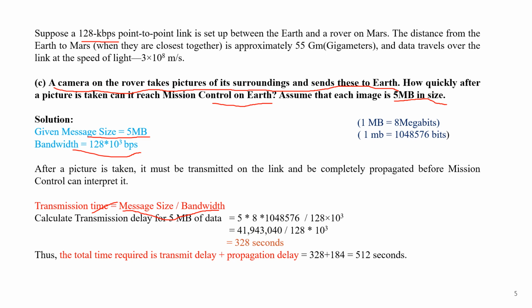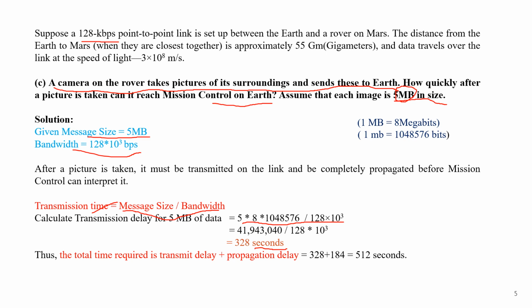So what is the message size? The message size is 5 MB. Here we have made a little bit of conversions, to represent your final answer in terms of seconds. The measurement of the image is given in MB.